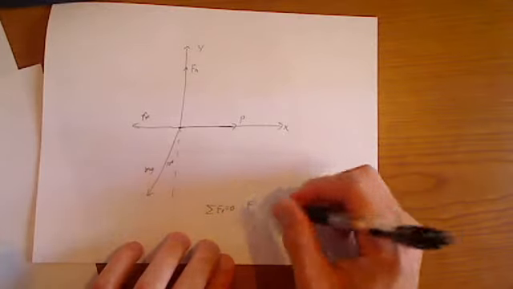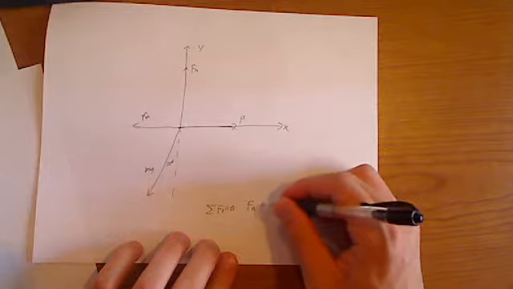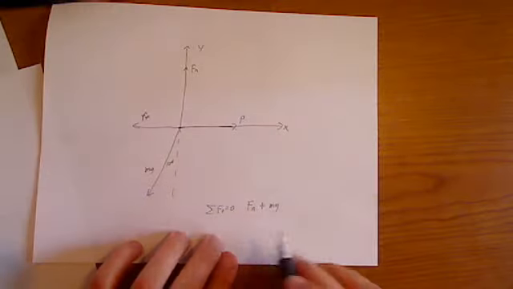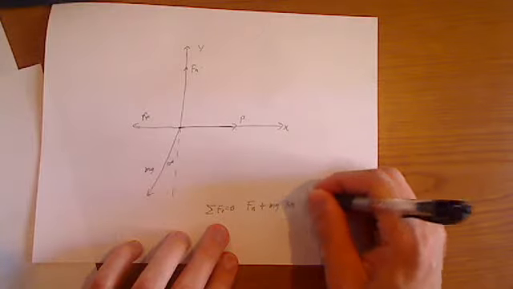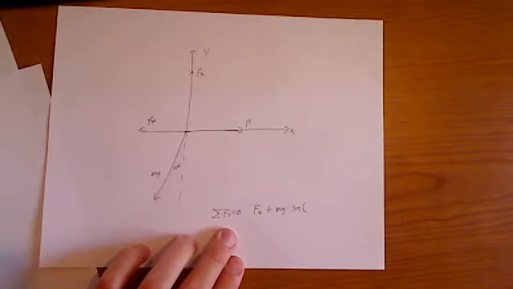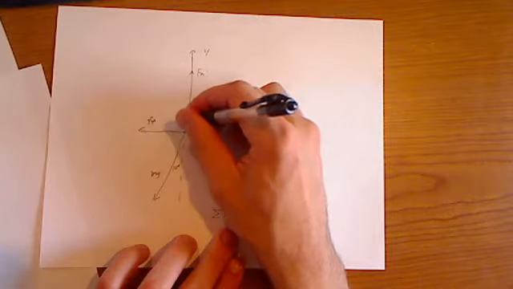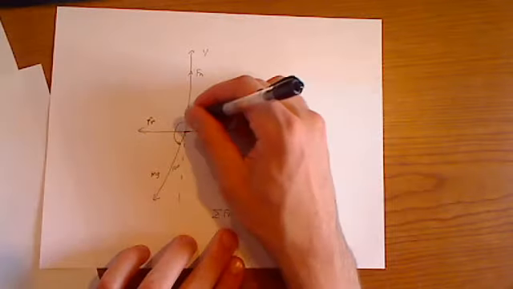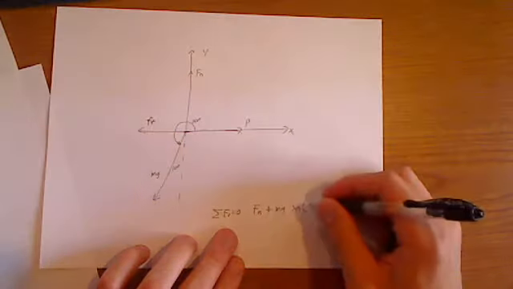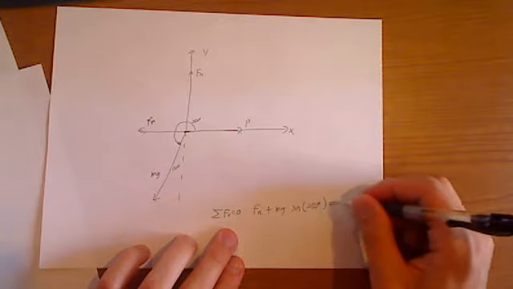So we have Fn plus mg times sine, and remember that sine is what we use to get the vertical component, provided, remember, if we measure from the positive x-axis, this is 260 degrees, equals 0.